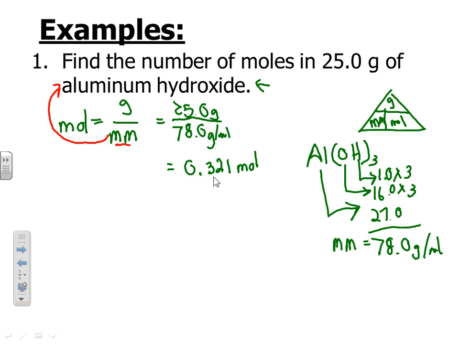I'm going to have 3 significant digits there, and that is the correct answer. All right? So we wanted to find moles. We found our equation, grams over molar mass. Once I needed the molar mass, I needed the formula for aluminum hydroxide to get that molar mass, and then I could calculate it. Let's do another one.